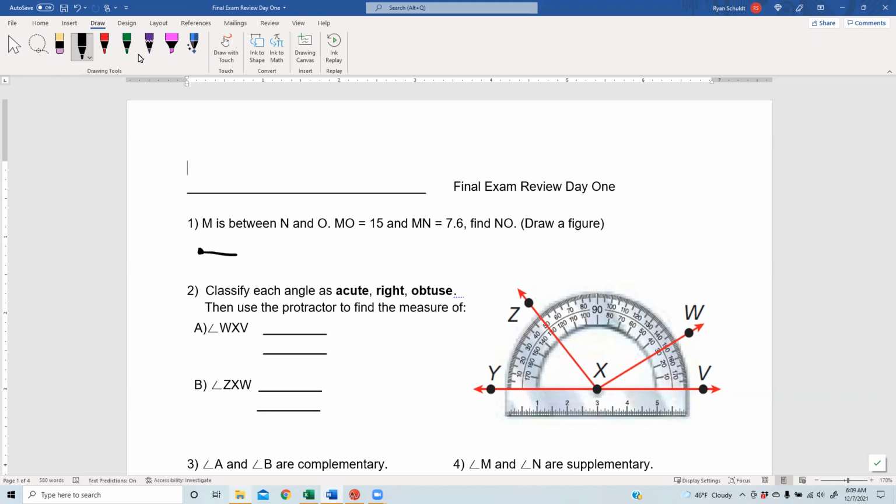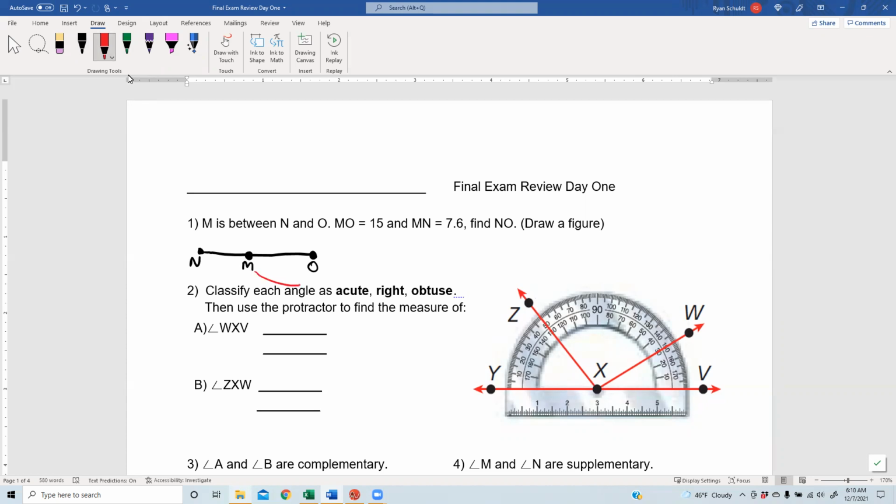So M is between N and O. This is going to be a line segment. M is somewhere in between. So there's M, N, and O. Label what they give you. They say MO is 15.